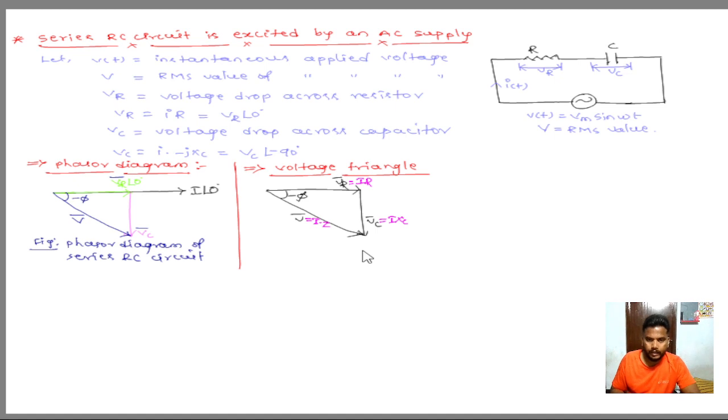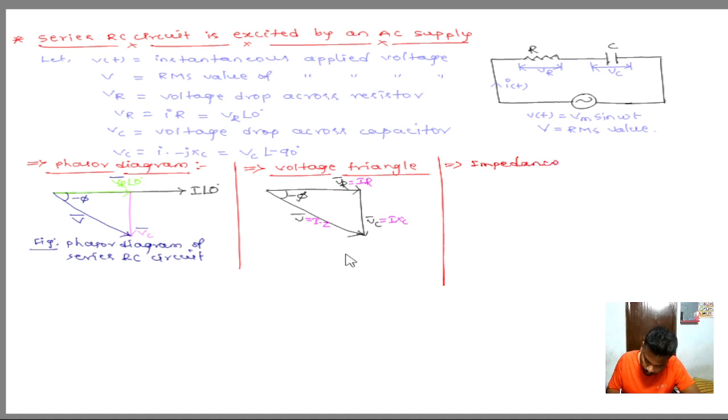Next, we need to calculate the impedance of the circuit and draw the impedance triangle. Is this clear?